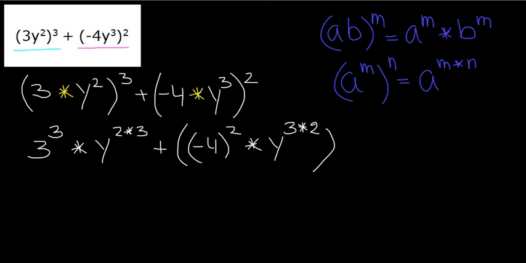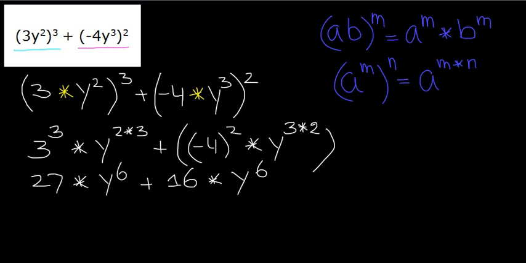So 3 cubed is 3 times 3 is 9 times 3 is 27 times y to the power 2 times 3 is y to the power 6, plus negative 4 squared, which is negative 4 times negative 4 equals 16 times y to the power 3 times 2 equals y to the power 6.